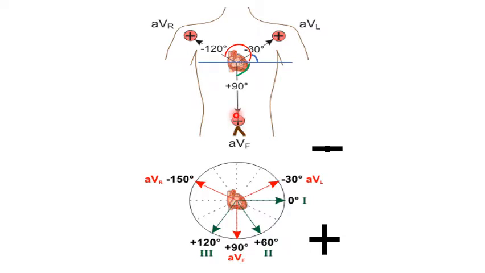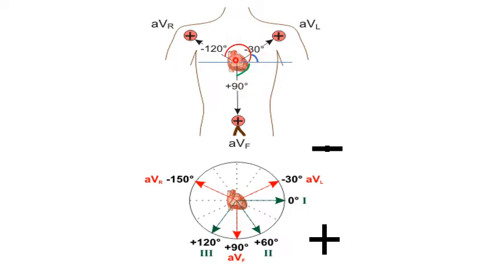If we want to see the angles of these leads, you will see that AVL has an angle of 30, but because it is in the upper side of this circle in the axial system, it's going to be minus 30 degrees. For the AVR, from the horizontal axis to the lead axis, there is 120, and minus because it's also on the upper side of the circle.